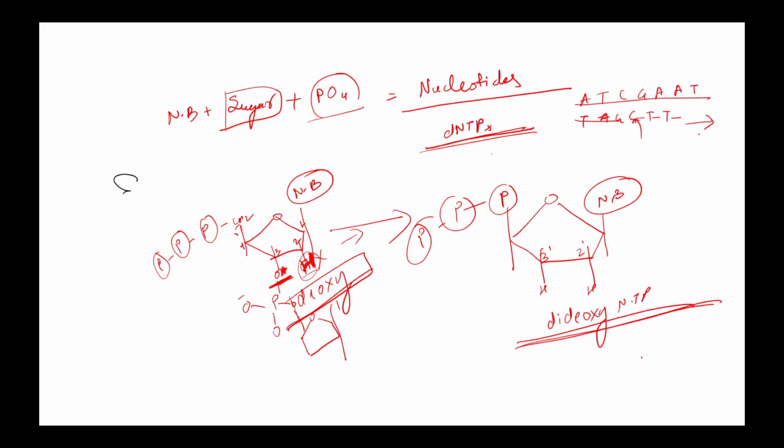But if the 3' group doesn't have the hydroxy group, or the hydroxy group is absent, then the elongation will stop. So if we use dideoxynucleotide triphosphate to synthesize DNA, the replication will stop.